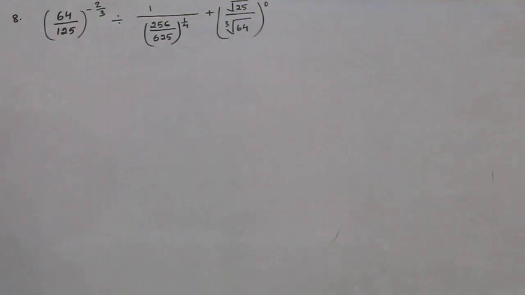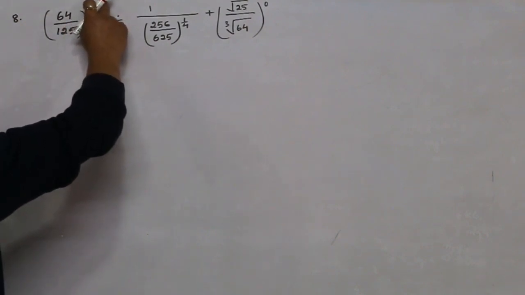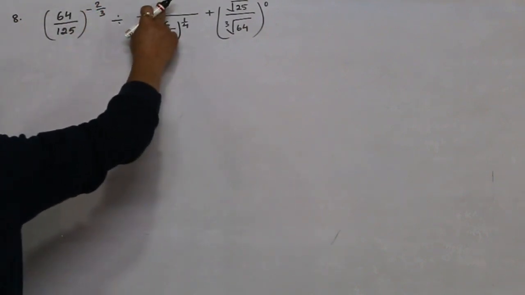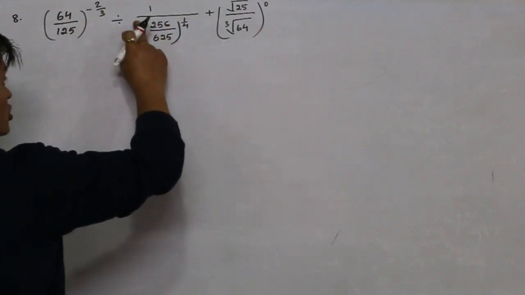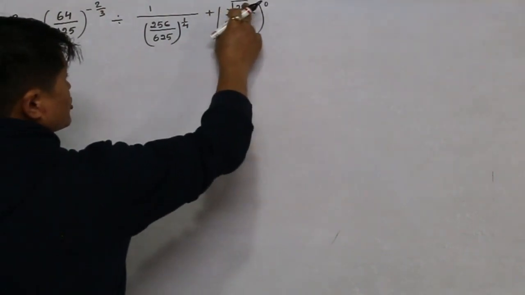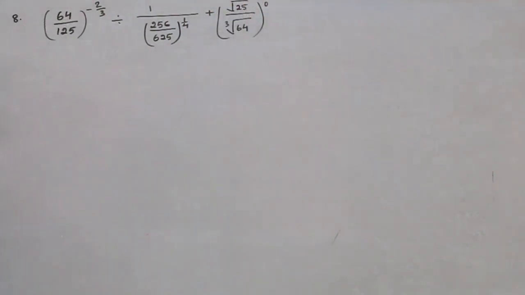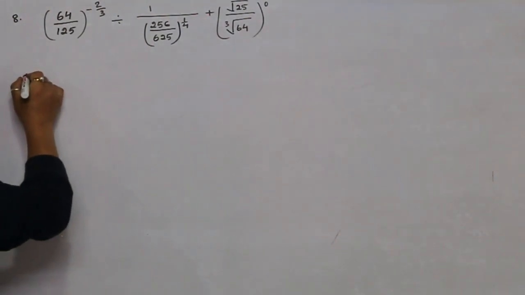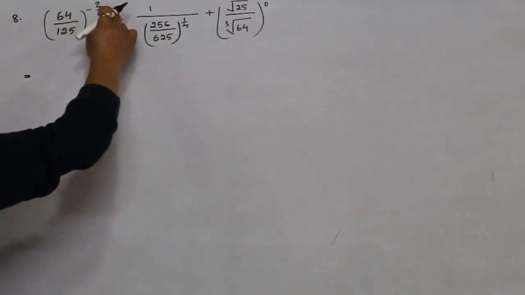The next question is 64 divided by 125, whole to the power minus 2 by 3, divided by 1 upon 256 upon 625, whole to the power 1 by 4, plus root under 25 divided by cube root under 64, whole to the power 0. So again, first we have to make this power positive.